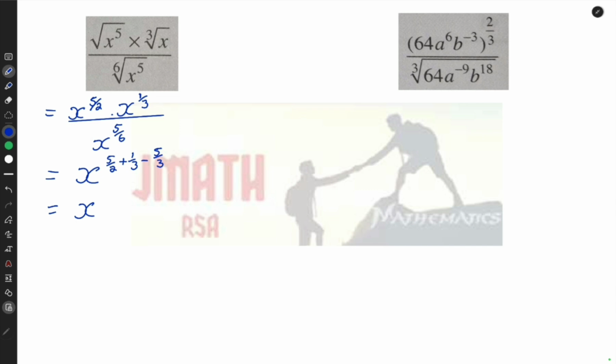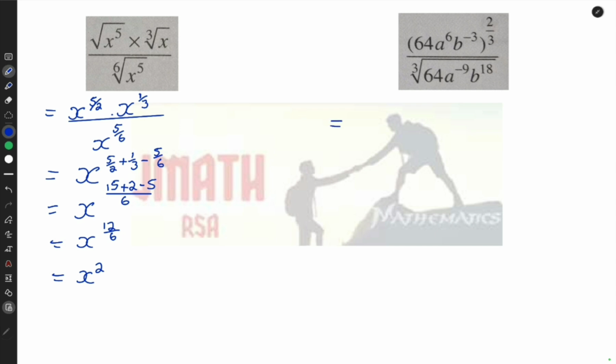The LCD between all of those will be a 6. And then I multiplied this first one by 3, I multiplied this one by 2, and then minus 5. So the answer would be 15 plus 2 minus 5 gives me 12 over 6. Final answer is x squared.